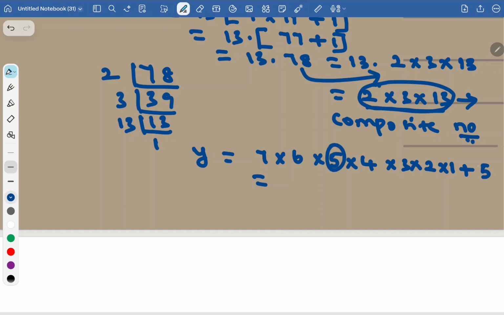Here 5 is common, take 5 outside: 5 into (7 into 6 into 4 into 3 into 2 into 1 plus 1).